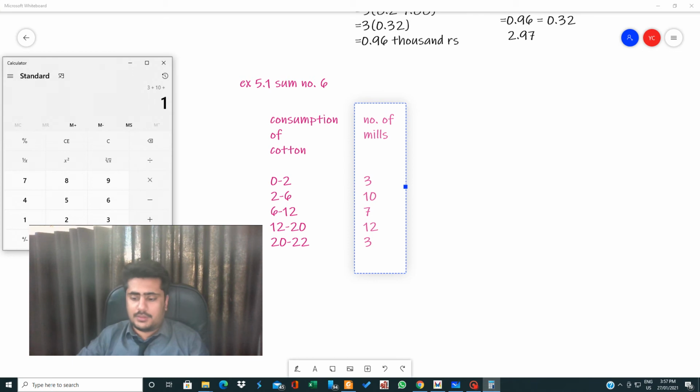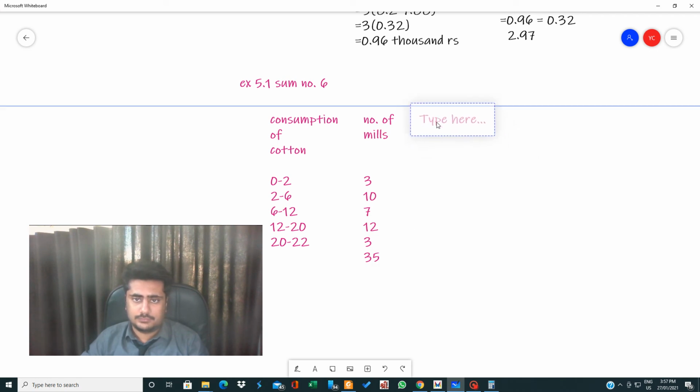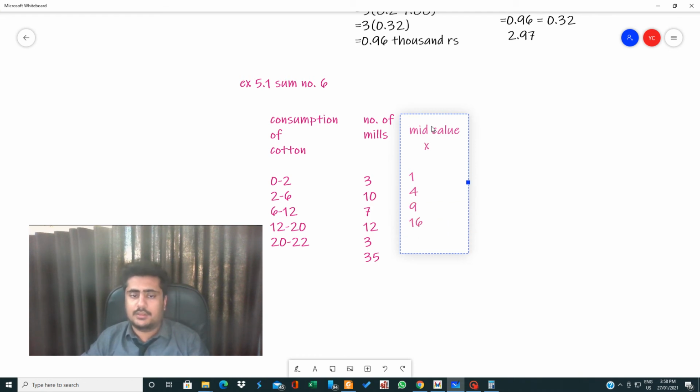3 plus 10 plus 7 plus 12 plus 3 is 35. Now let us find mid value, that is x. So my x is 1, 4, 9, 16 and 30. See, x is very easy, the mid value.